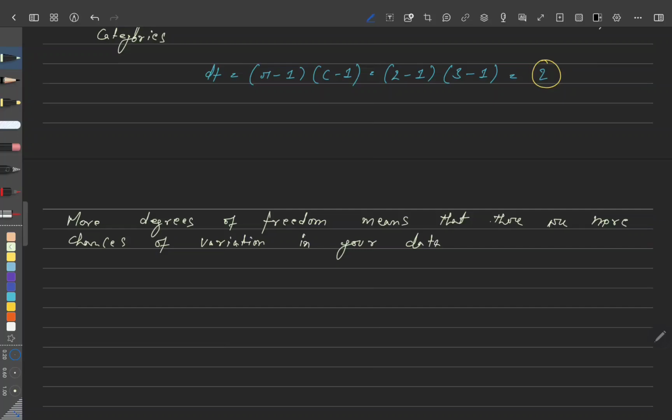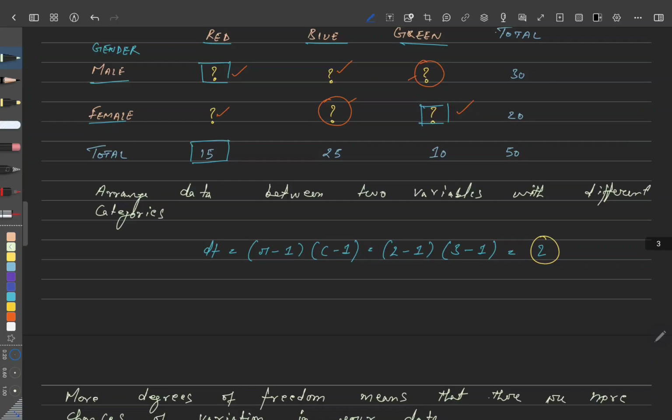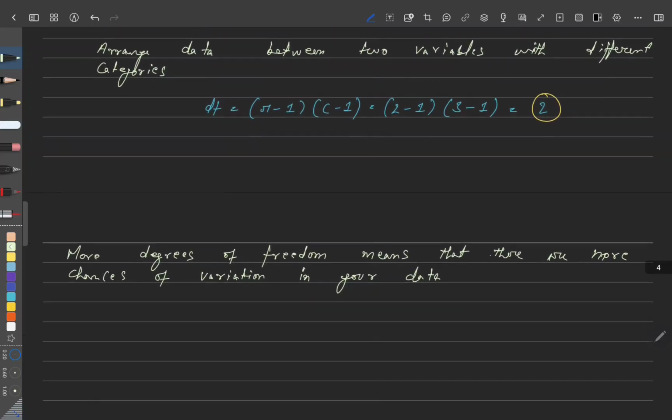Because if the number of variables or categories that you are free to choose increases, then you can say that there would be a lot more variation, because you can choose those categories in different ways. So the more the degrees of freedom are, the more variance would be there in your data. We already covered the concept of variance, so you understand what I mean, right? So there would be a lot more variance in your statistics. That is what it means.